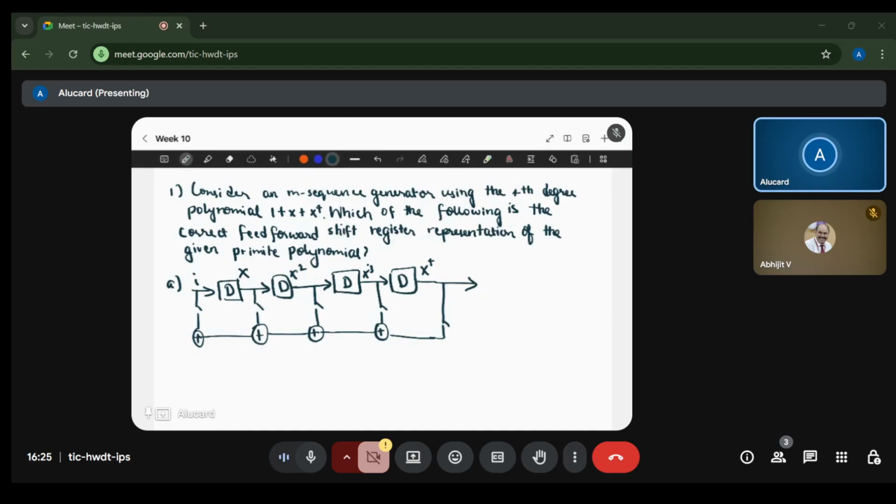So, depending on whether a term is present or not, you'll close the switch. So that term will be added to your adder. There's a one term, there's an x term, then there's x power 4 term, and there's no x square term and there's no x cube term. So actually, you can get rid of the adder at x square and x cube.